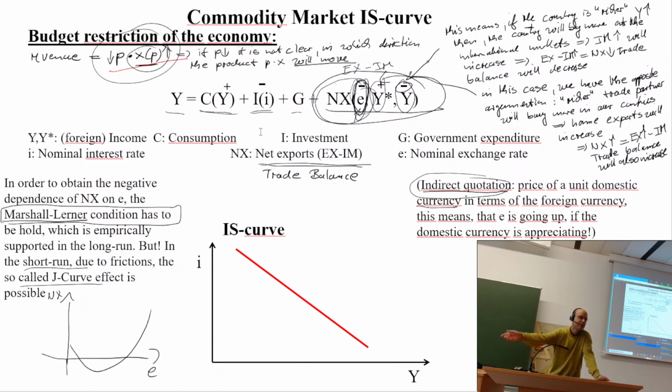But of course, if you go to the United States and you take the same view of the indirect quotation, then it would be something like 0.94, I think. Let's see how much it is.